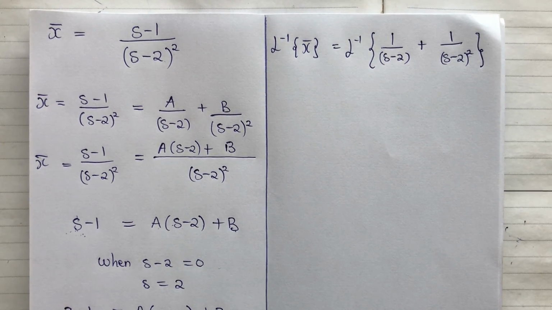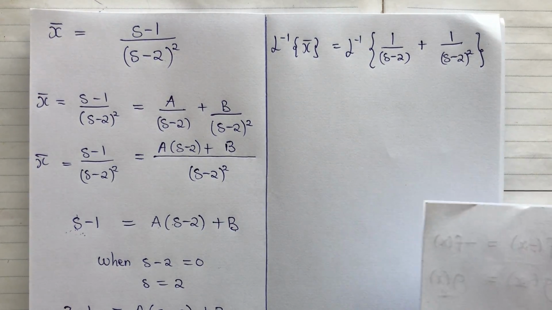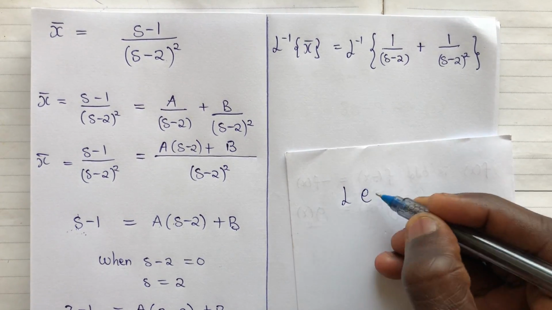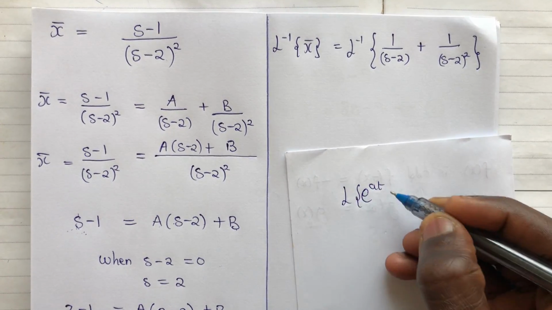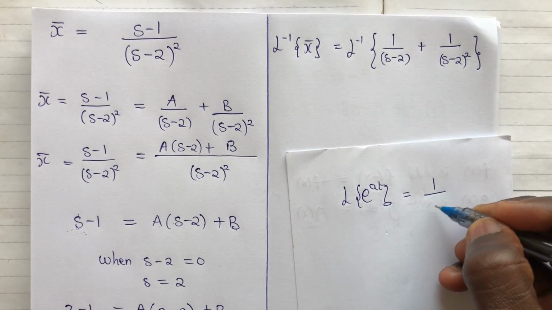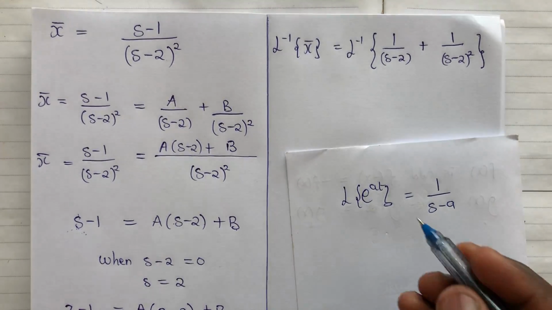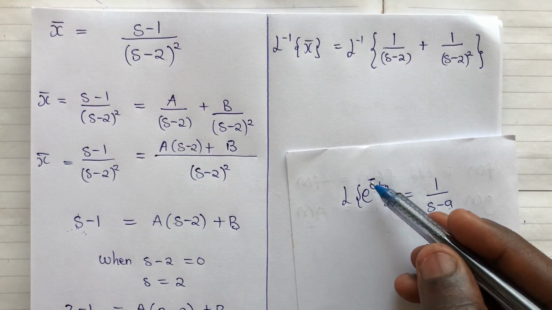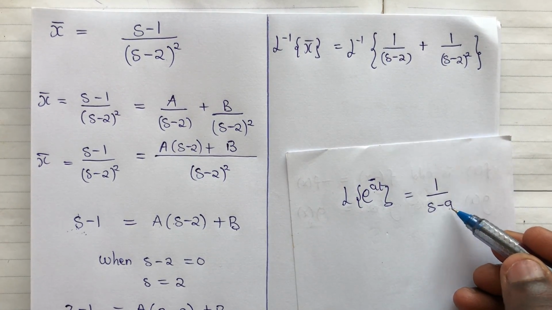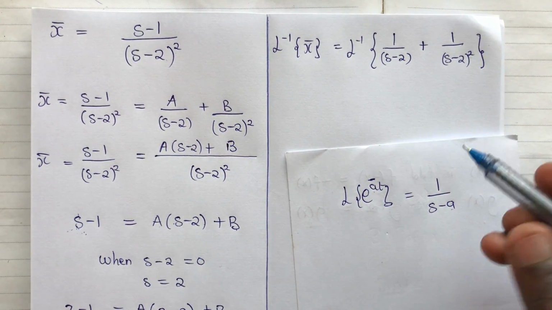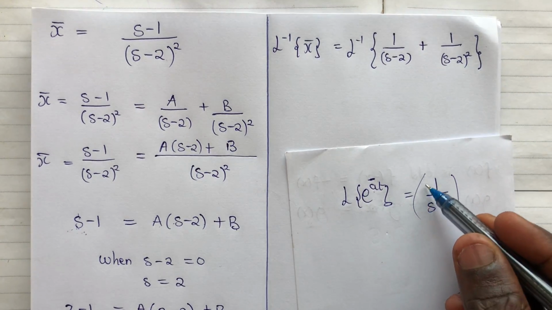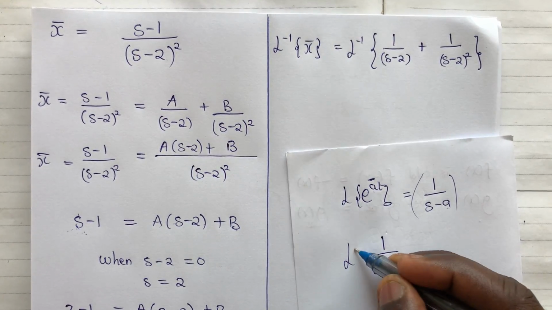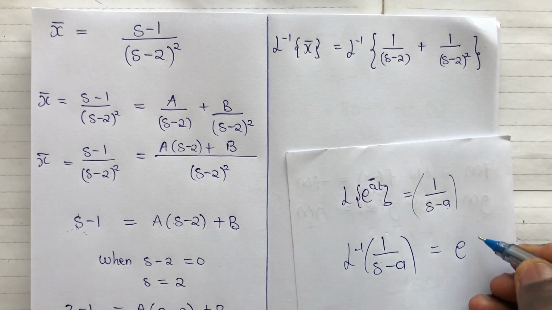Previously I taught you how to find the Laplace inverse of an exponential function. We learned that the Laplace transform of the function e to the power at will give us the result 1 over s minus a, where a here is a scalar. It can be any positive or negative number. That is the same thing that we are seeing here. So the Laplace inverse of 1 over s minus a will give me e to the power at.